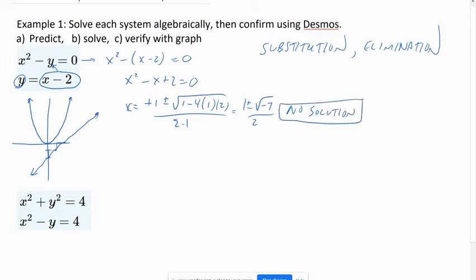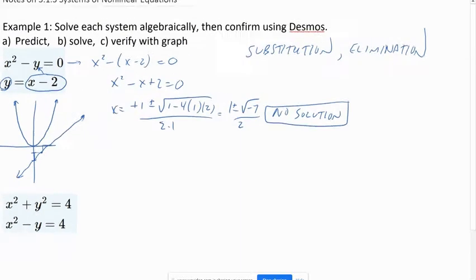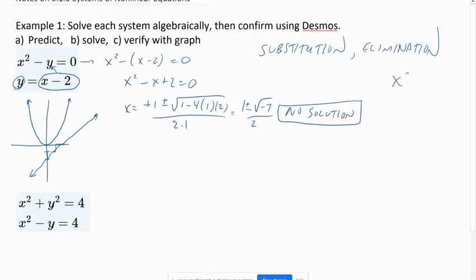Okay. Using the elimination method, we could have gotten the same result. That would look like this. If I take the equation x squared minus y equals 0 and rewrite the second equation as -x plus y equals -2. If I add these equations, the y's are going to be eliminated. So that's how the elimination method works.